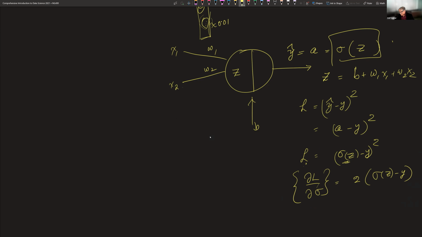It says that if you change this A, actually, let me use the word activation. If you change the activation a little bit, how much impact will it have on the loss?